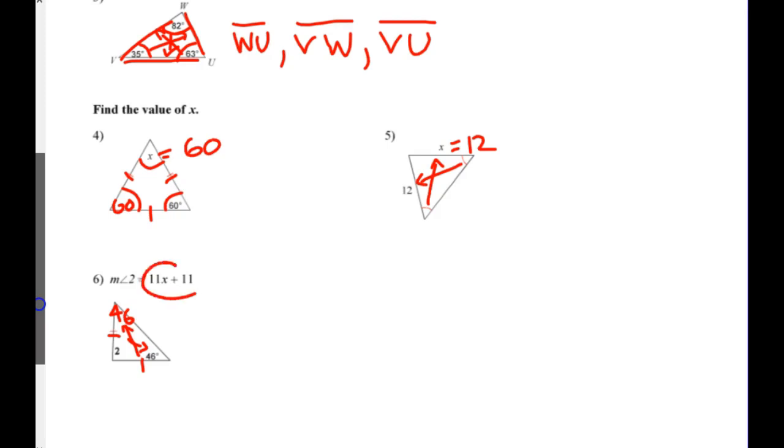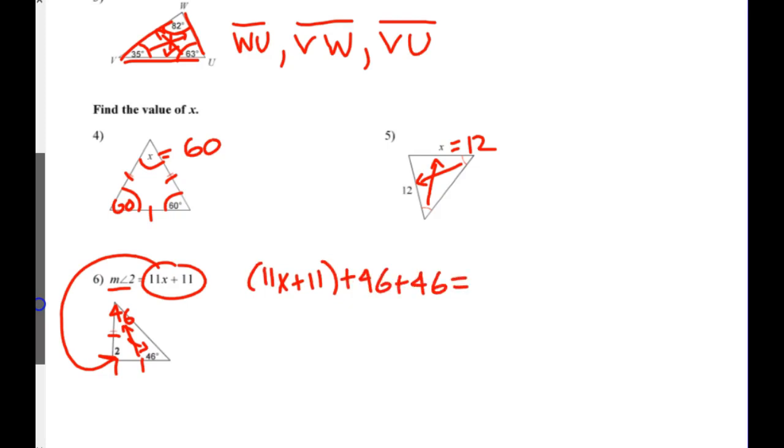Angle 2 goes right there, right? That's what it says right here, angle 2. So we got to set that up. 11x plus 11 plus 46 plus 46 equals, in a triangle, 180. Combine like terms. 103.